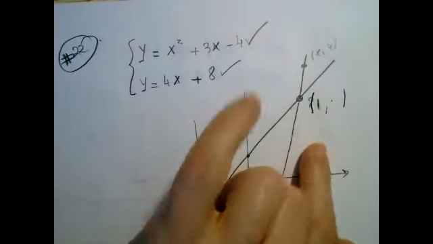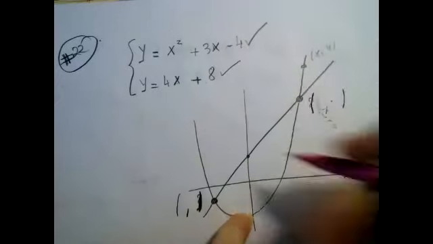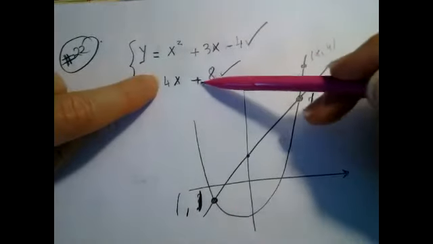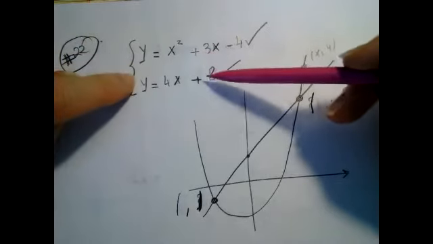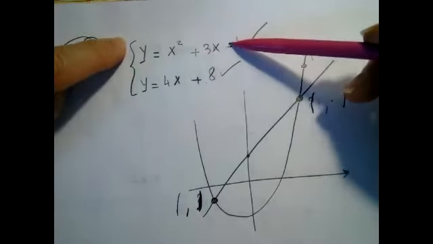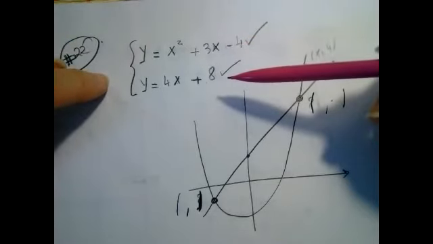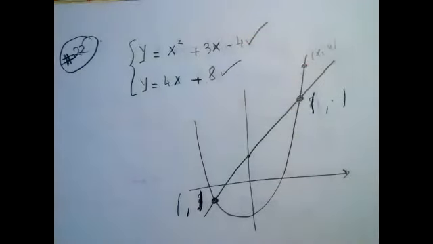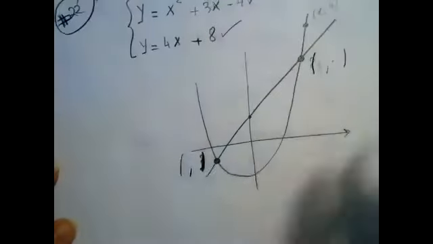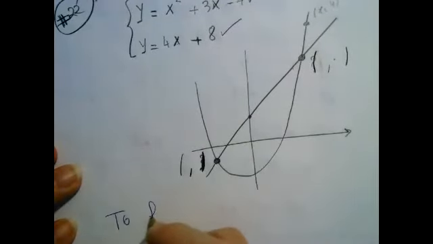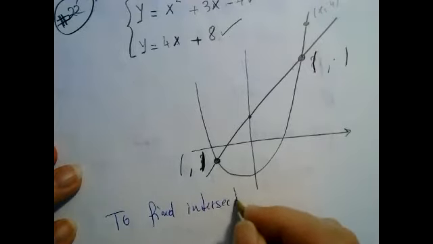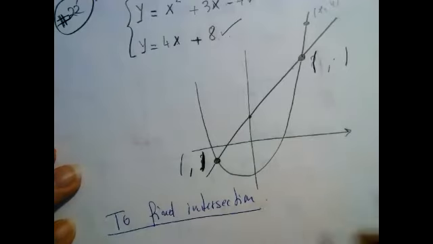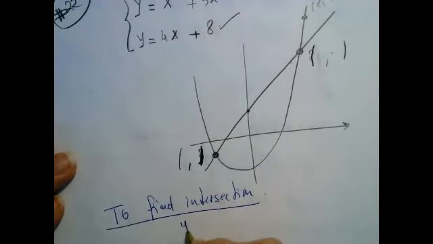So how am I going to find the intersection? I need to find the value of x so that if I plug it into the equation of the line, or into the equation of the parabola, I get the same value. So to find the intersection where they meet, we're going to set the y from the parabola equal to the y from the line.